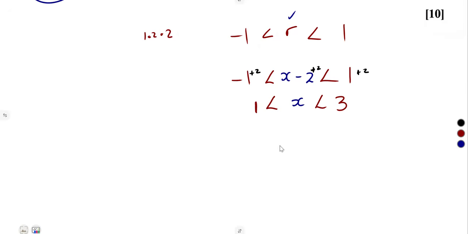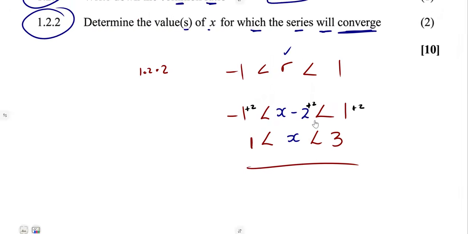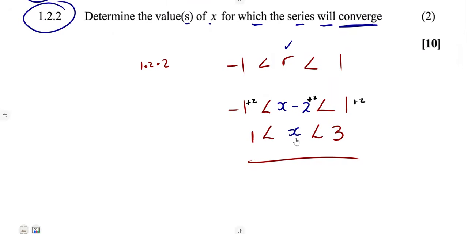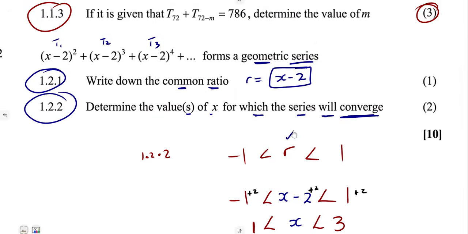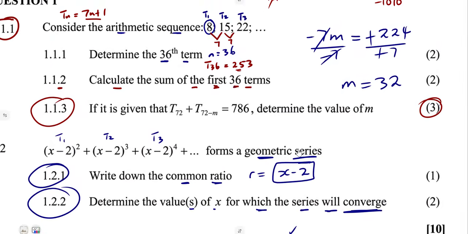All right, so this is it. We are back to your inequalities. As we can see, these are values of x. Any value within this interval will make this series converge. So that was it on question number 1, having 10 marks for that one.